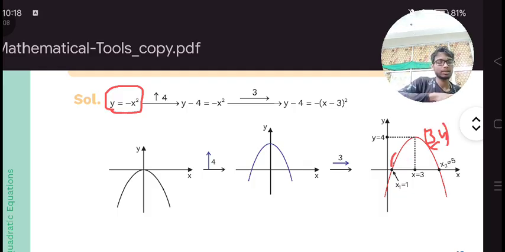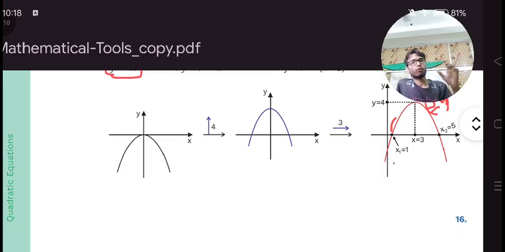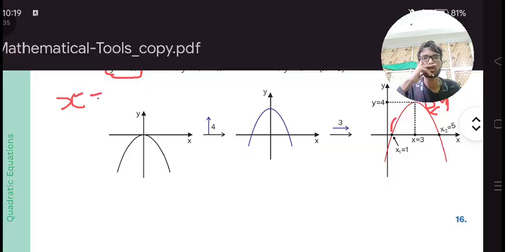What if I say, let's create one question by ourselves? A curve which is going in the negative x-axis, just by 5. What I am saying is x is equal to minus 5.